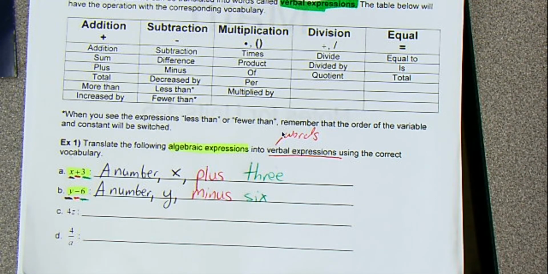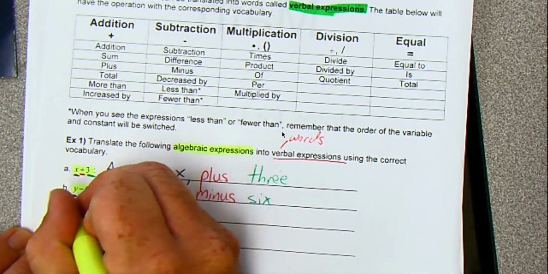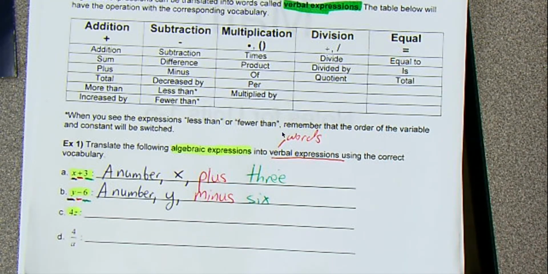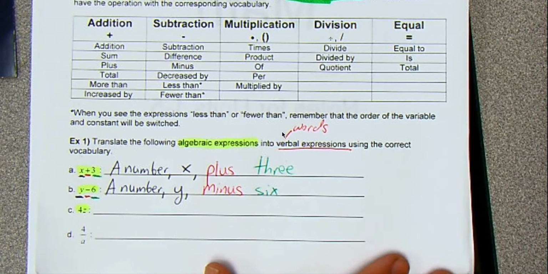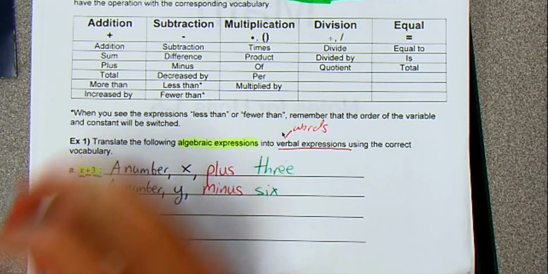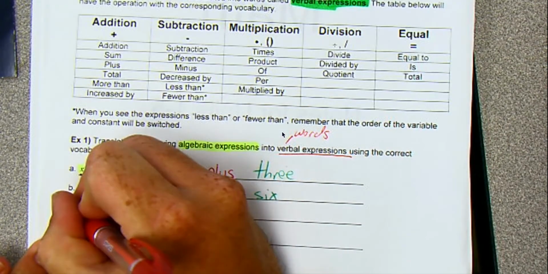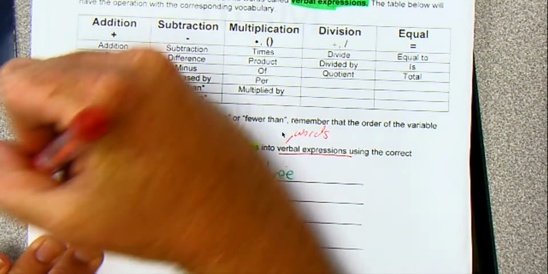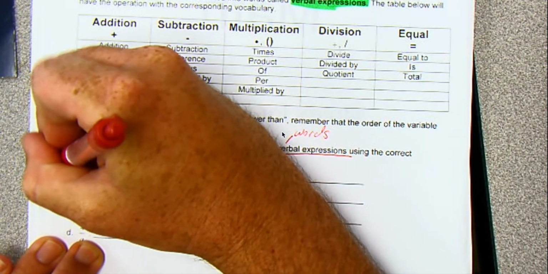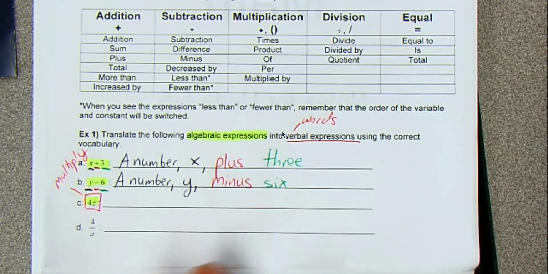Now I'm going to do the next one. We have a constant that is right next to a variable. Anytime a constant is right next to a variable, they are touching, that means multiplication. That's incredibly important. So we are multiplying there. We start out by writing our constant. In this case, our constant is the number 4.